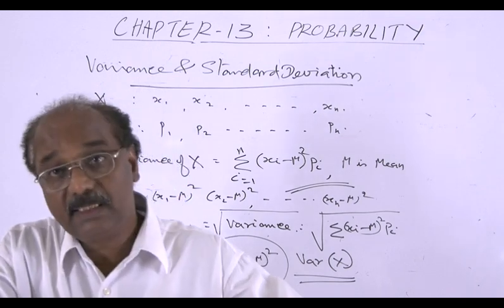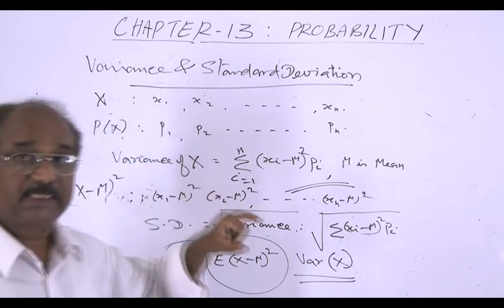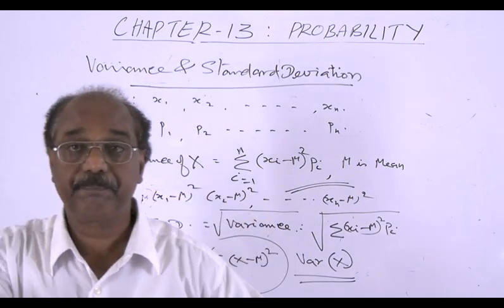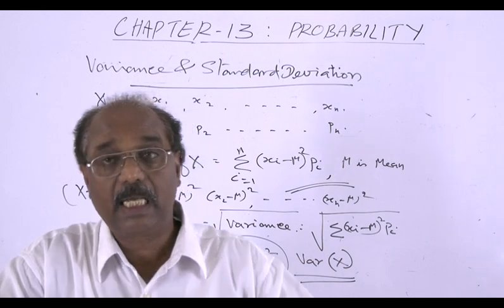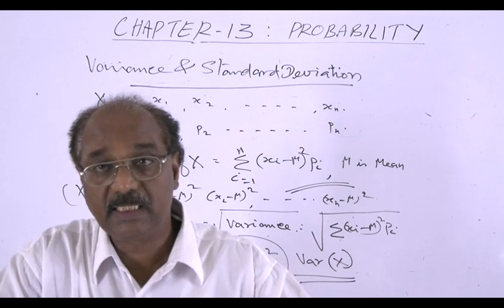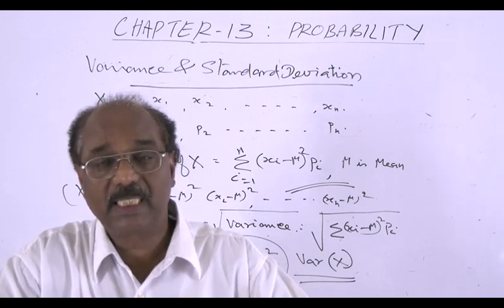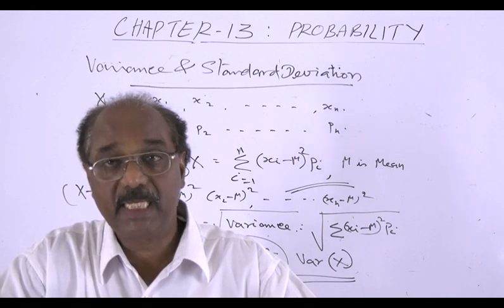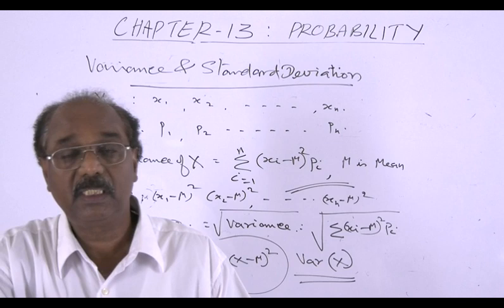So to define this, we need only write up to this. X is a random variable with values x1, x2, etc. xn, and probabilities p1, p2, etc. pn. Then the variance is sigma i from 1 to n (xi minus mu) whole square into pi, where mu is the mean of the random variable.